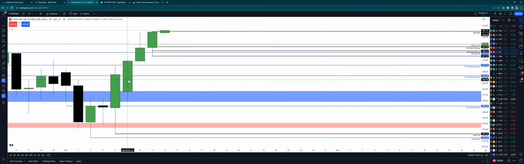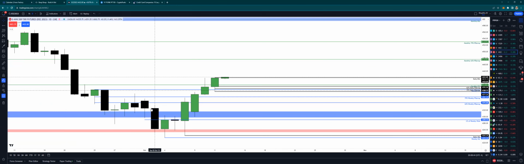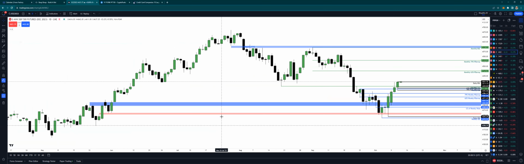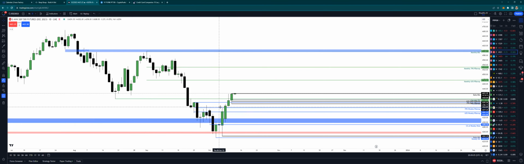I wanted to see us open up and retest these weekly PD arrays, right? But then I told you guys that I expected us to go lower this week. I wanted to see us come down and sweep this sell side liquidity right here, right? That's what I was expecting.